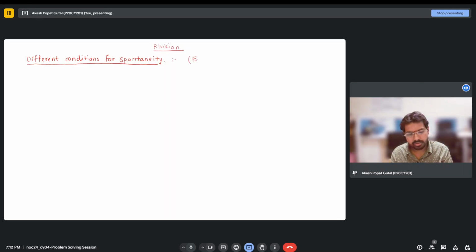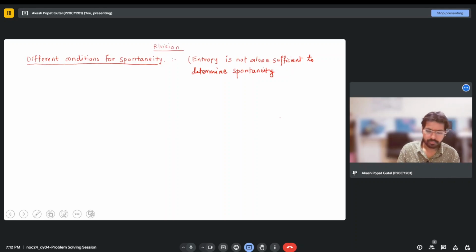So we have seen how we can evaluate certain conditions which can tell us that a given process is spontaneous or not. From that we have seen four such conditions.